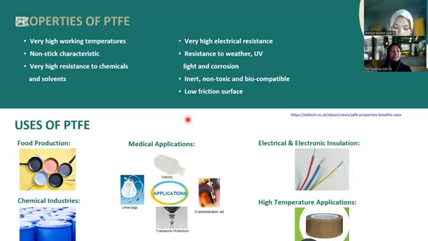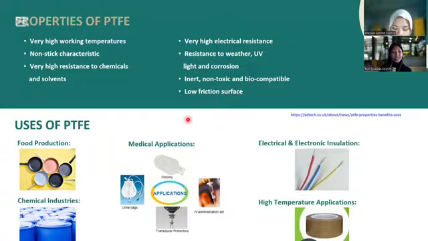So the properties of PTFE explain the uses of PTFE. It's applied in food production, where non-stick coatings like non-stick paint are used in non-stick cookware such as frying pans and baking trays. Its low friction allows food to slide off easily, making cooking and cleaning easier.